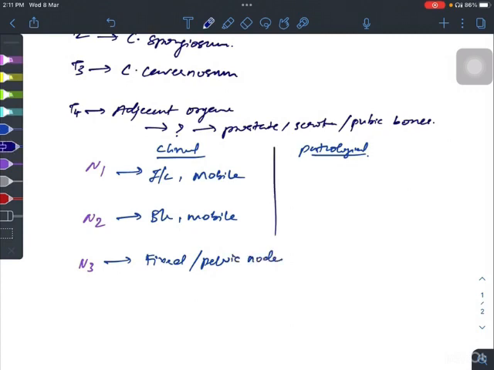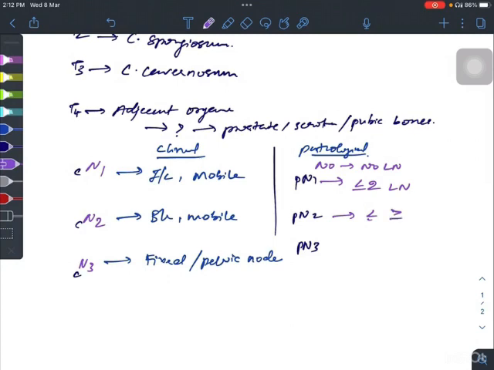So coming to the pathological N classification, PN1, PN2, PN3. This is clinical, so C. What is PN1? N0 is no lymph nodes. N1 it will be less than 2 lymph nodal involvement. N2 it will be more than 3 lymph node involvement.